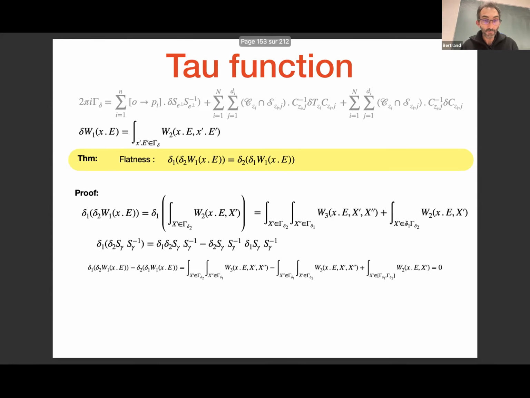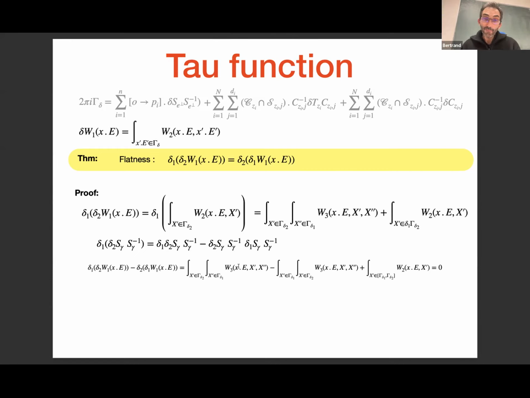If you make the difference, you have an integral of W3 minus another integral of W3 where you exchange the order of integrations, plus a difference of integrals of W2, which I write as only one integral, but with the commutator of the cycles, meaning I take the commutator in the fibers.